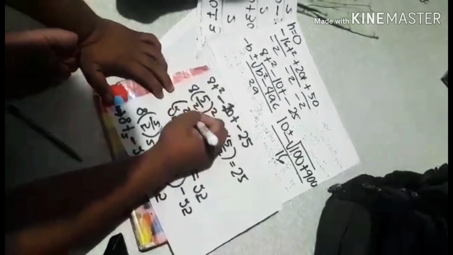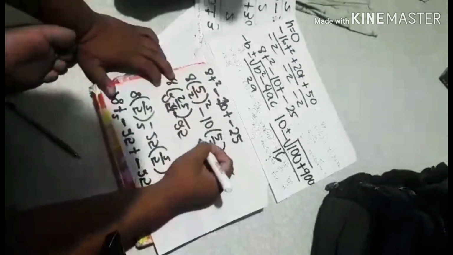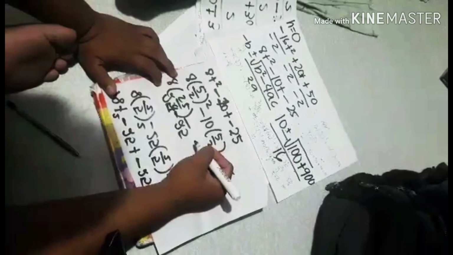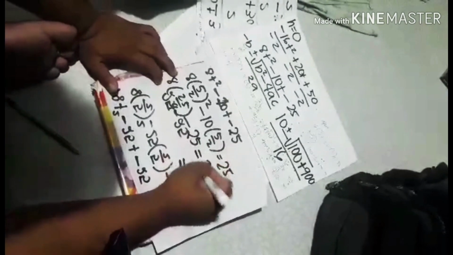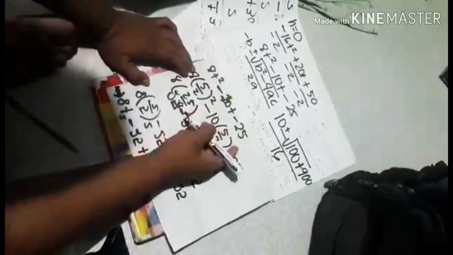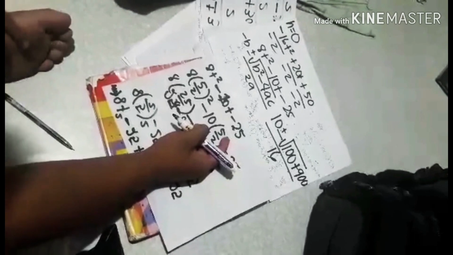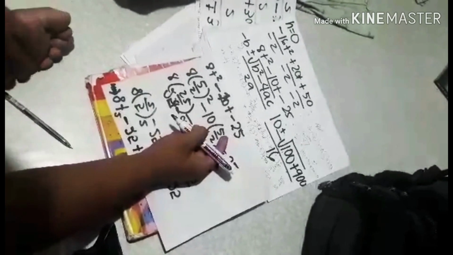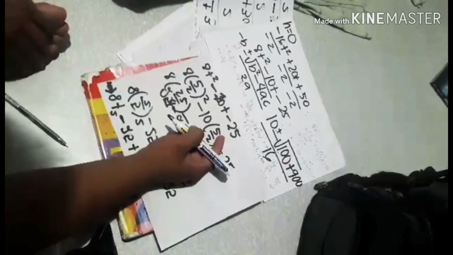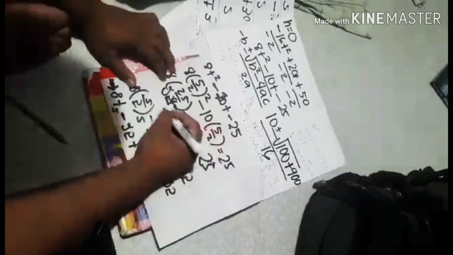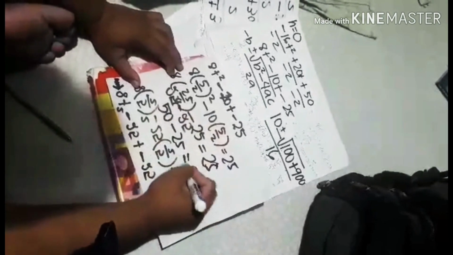So, 25 over 4 times 8 minus 50 over 2, which is negative 25, minus 25. 25 times 8 is equal to 200, divided by 4 is equal to 50. 50 minus 25 is equal to 25.